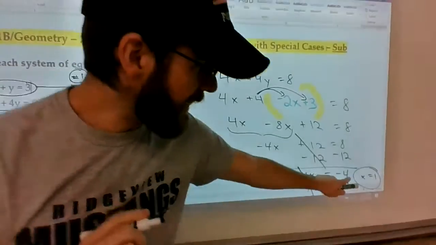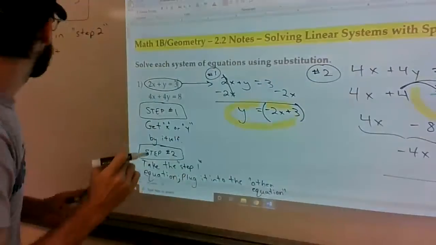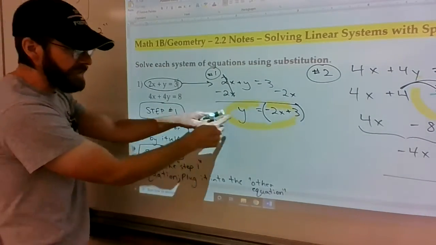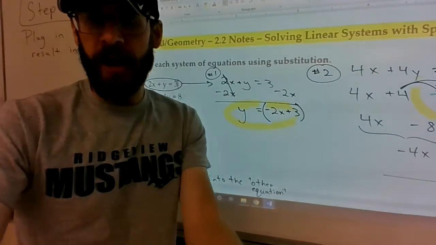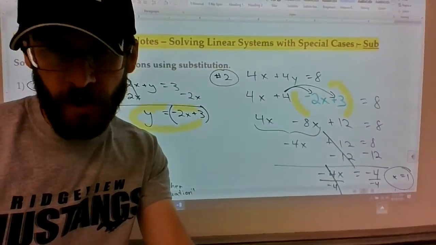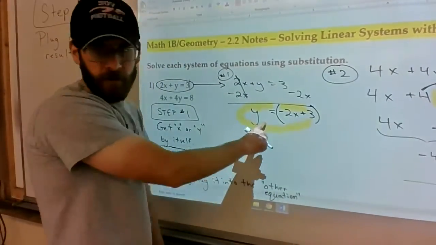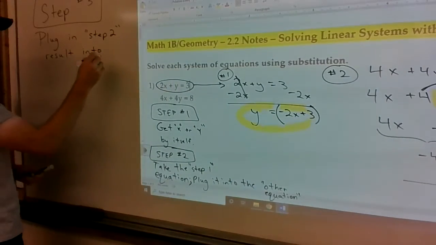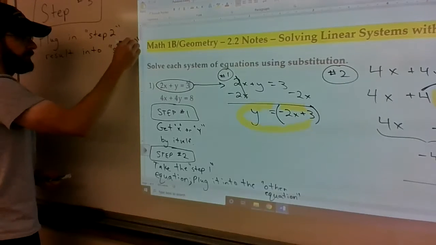Plug in x equals 1 into the step 1 equation, because it's the one where it's already gotten y by itself. We solved for x equals 1. Now we need to solve for y, which is right here. Y is already by itself in that equation. Plug the result into step 1.